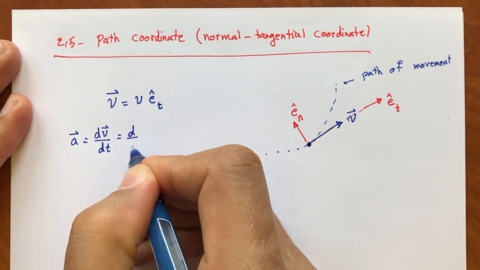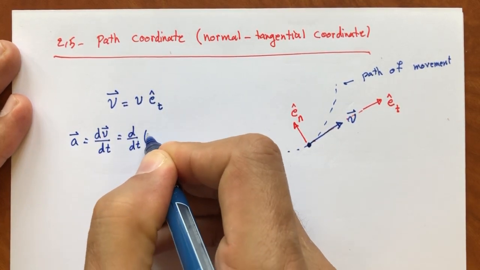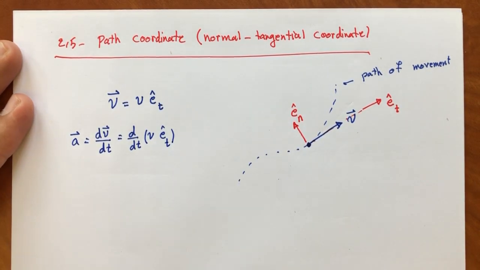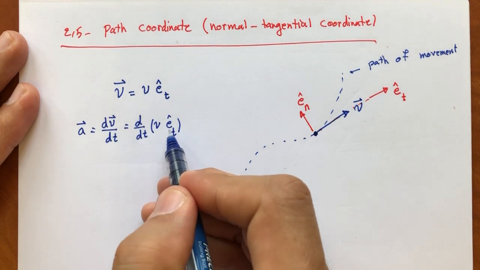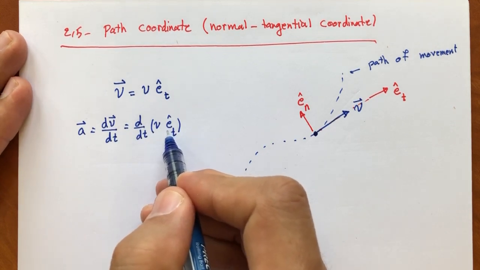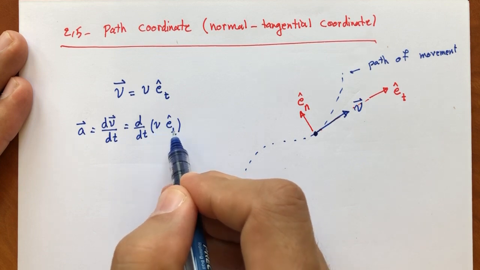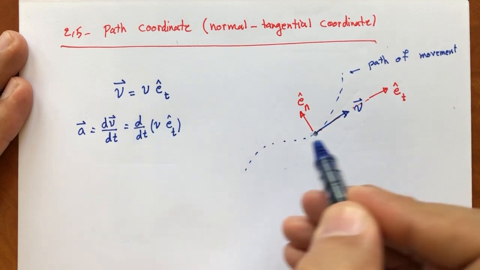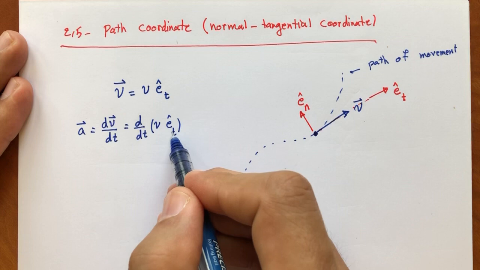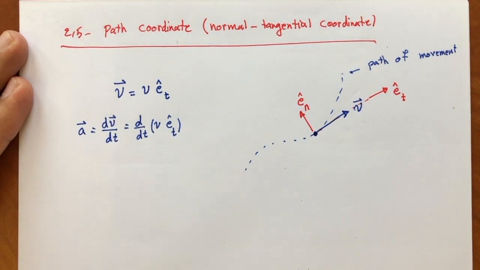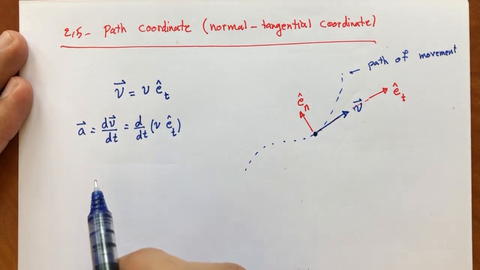So d/dt of v e hat T. And we have two variables here that we need to take derivative of, and none of them is constant. Speed can change. And also this unit vector e hat T is changing with time. So it is not constant. We have to take a derivative with respect to time from this variable as well.